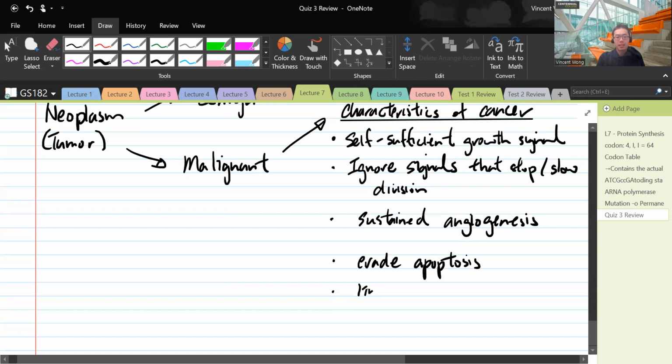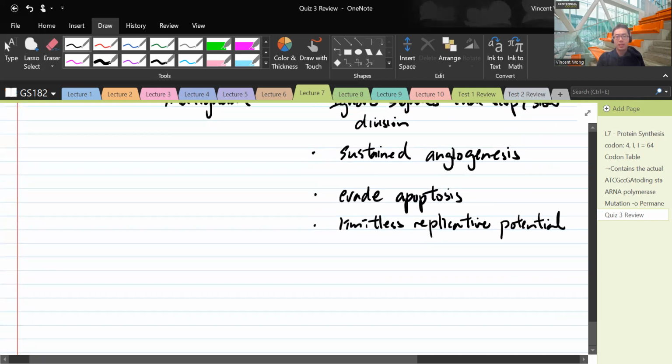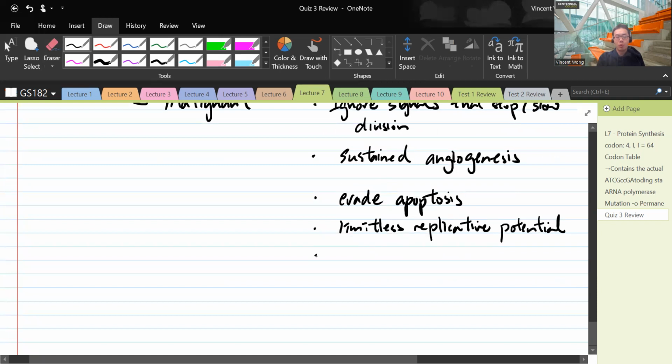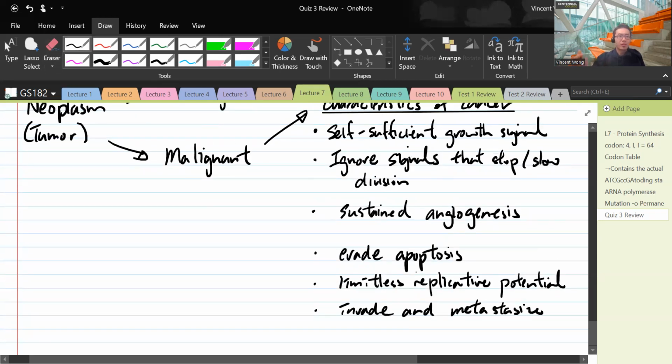They have limitless replicative potential. They keep on dividing, no problem, because they have telomerase, which makes sure their telomeres don't get short. And last one, they have the ability to invade and metastasize. So these are the characteristics that are shared by all cancerous cells.